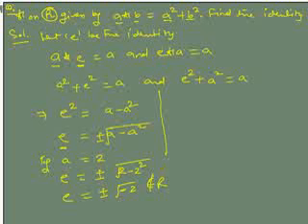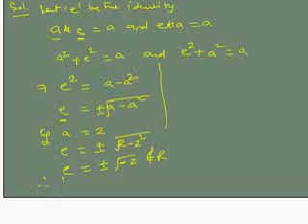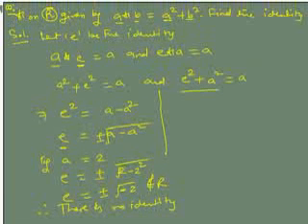Since identity does not belong to the set on which the binary operation is defined, therefore we'll write there is no identity. We need not even solve this part. So there is no identity in this case.